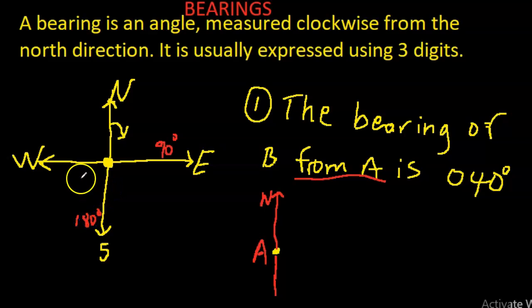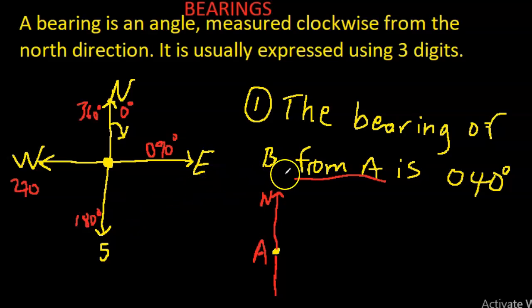And then the next 90, so this would be 270 degrees. And then you have a complete turn, which of course is 360 degrees. So 0 starts from here, then 90, 180, 270, and 360 for the complete turn.